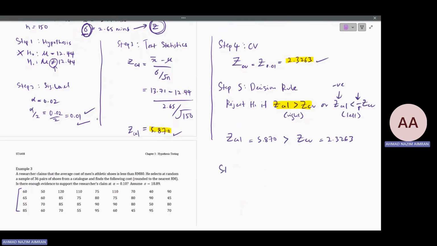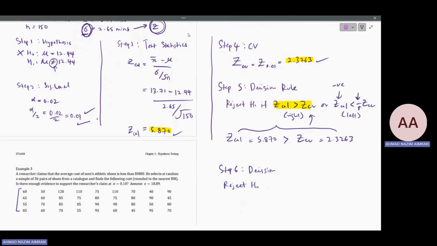So in step 6, the decision: because this complies with the decision rule, our decision is to reject H null.